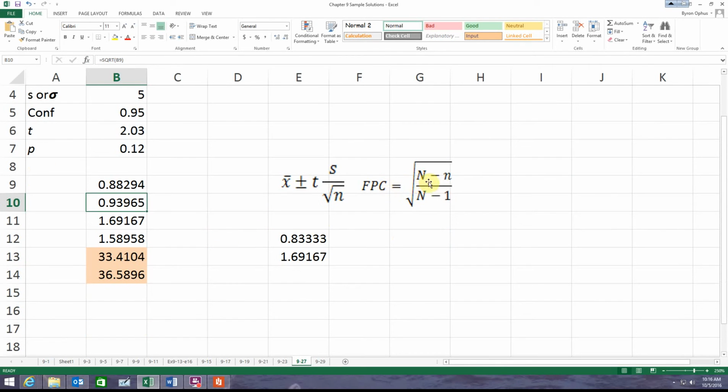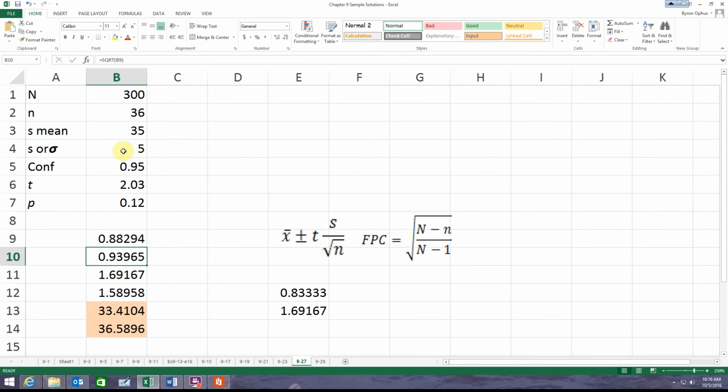Then I'm going to end up multiplying that times this formula. Here I've got my sample standard deviation divided by the square root of n. I put all of these together and multiplied it times t, so I have the whole equation here. It's a little long, drawn out equation, but we'll see if we can get it right. Remember that it's 1.69, that's what I'm searching for.